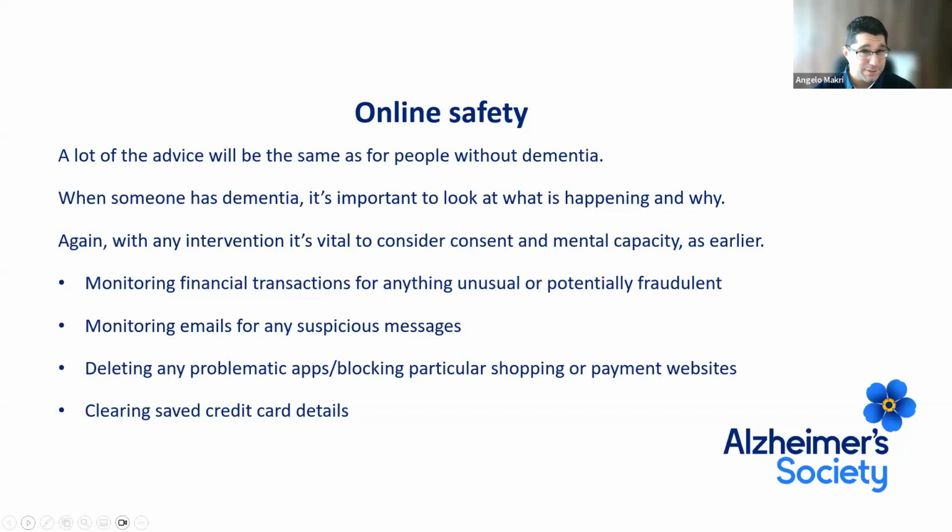So if there are particular apps or payment websites, or shopping websites, deleting the apps or blocking the website can actually help. Again, I know I keep caveating this, but consent is hugely important here. So before anything is done, that needs to be borne in mind as well.